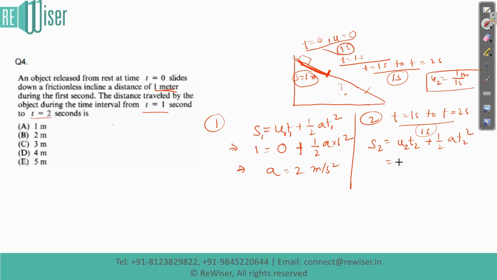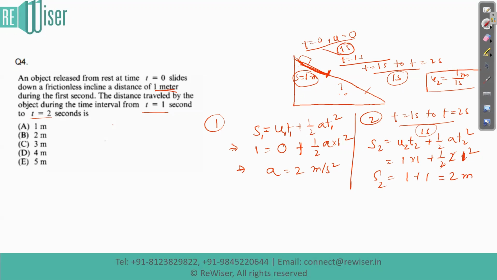So what we can write here: 1 times T2, as you can see, T2 is 1 second, plus half into A, which is 2, and T2 means 1 square. So S2 will be 1 plus this gets cancelled, so 1 plus 1. That means 2 meters.